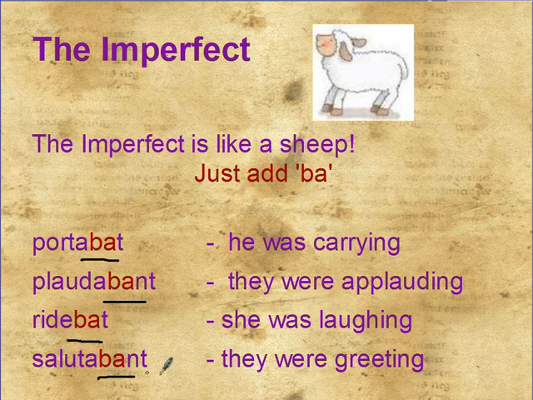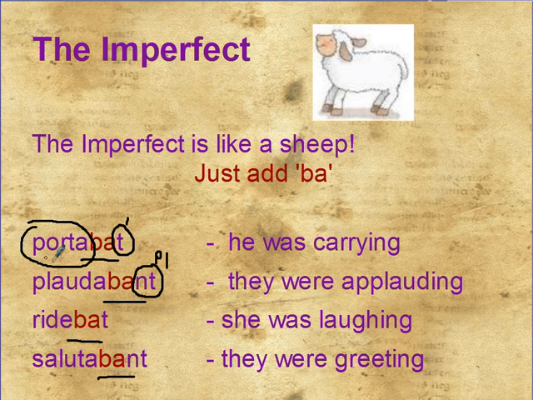Very easy to spot. You'll notice that the front of our verb looks the same as it did when we were in the present tense, and that we also have the same endings, t and nt, to indicate singular and plural. All we've added is a ba, which shows us that we are now in the imperfect tense.